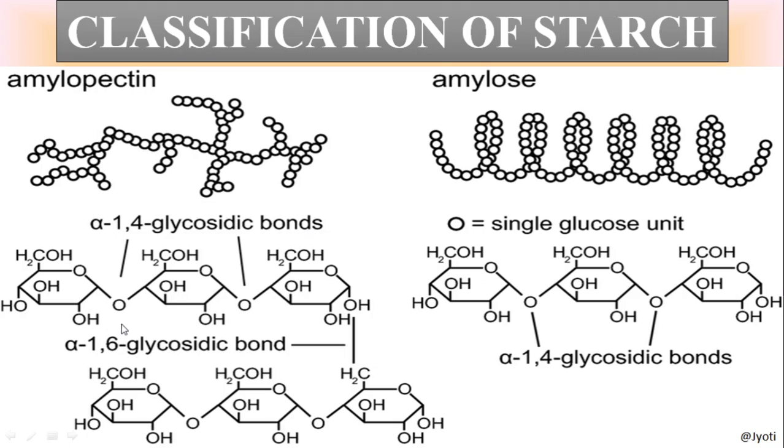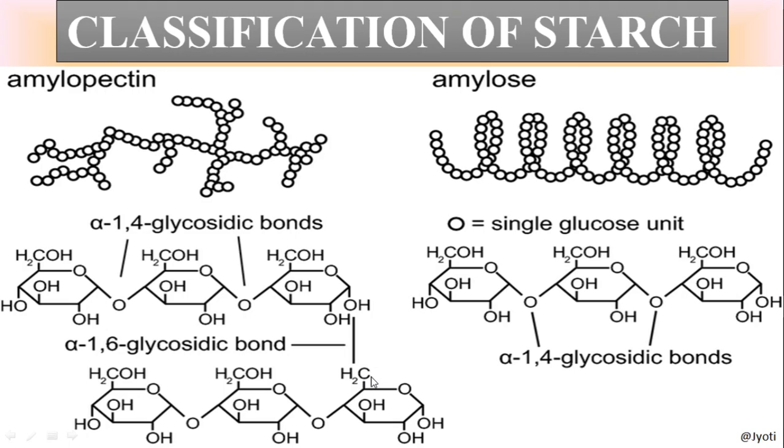So here I will show you what exactly a 1-6 glycosidic linkage is. Here you can see this is the straight chain of glucose where a 1-4 glycosidic bond is there. Okay, so this forms the straight chain. But here you can see this is the branch that has arisen from this glucose unit. Which number of carbon atom is this? From here it starts 1, 2, 3, 4, 5, then 6.